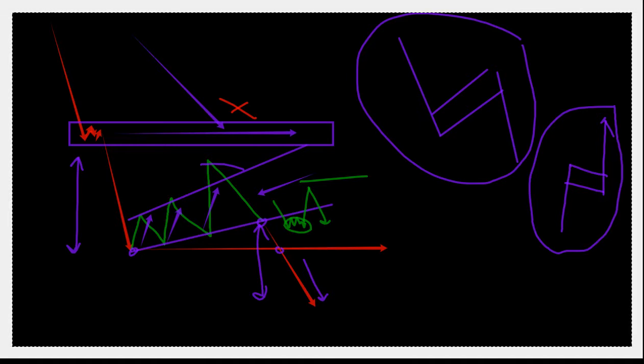And so you're looking for a follow through to the first target, and if the price is able to break the first target, you're looking for quite a substantial follow through to complete that ABCD extension in terms of reaching a pip target. All right, so that's your basic flag structure.